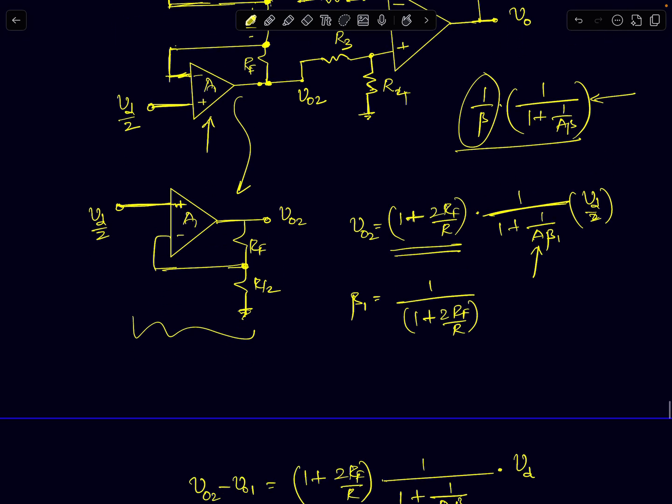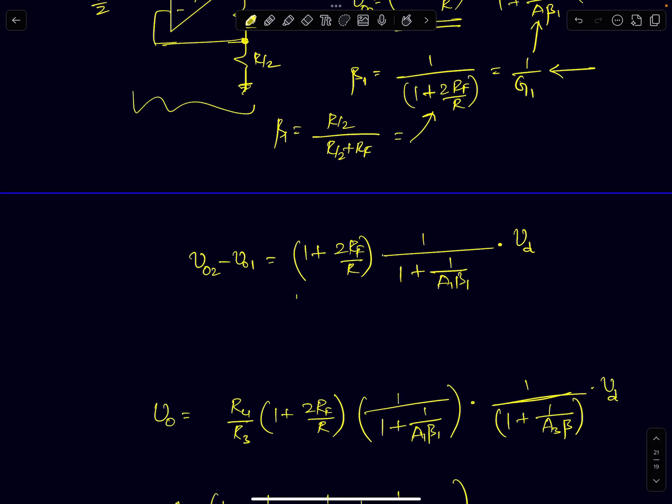Let G1 denote the first stage's gain, given by 1 plus 2 RF by R. The feedback factor of the first stage, beta 1, is R by 2 upon R by 2 plus RF. This can be written as 1 by 1 plus 2 RF by R, which is nothing but 1 by G1. So beta 1 is given by 1 by G1.